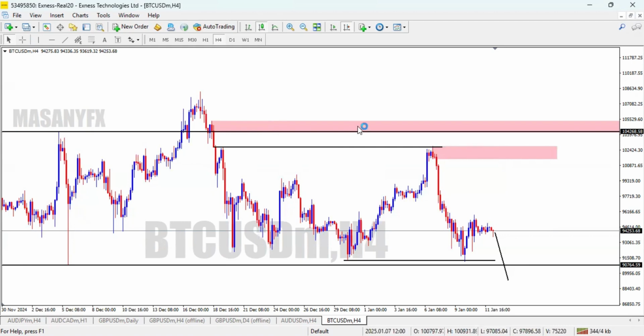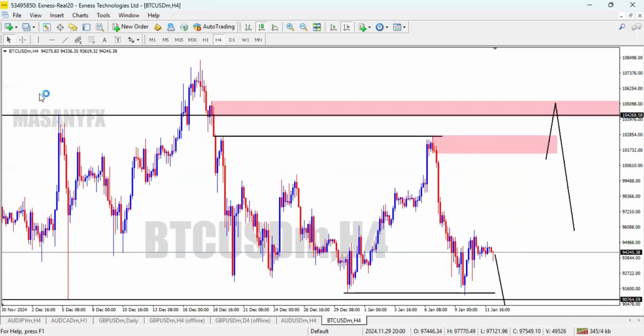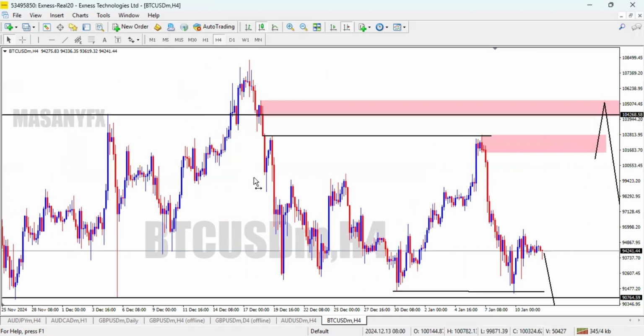This one will become QNF. So we will expect the price to swap the liquidity and drop. Simple like that. This is BTC USD.